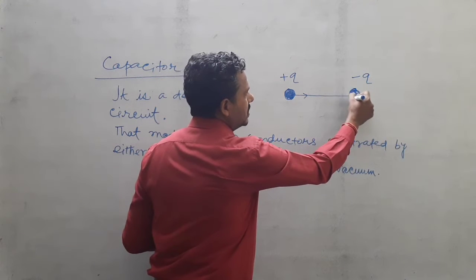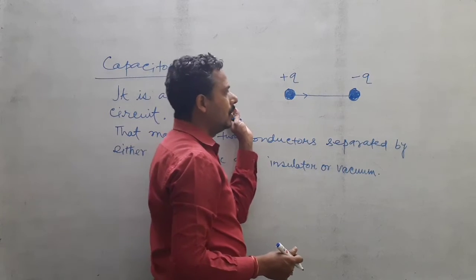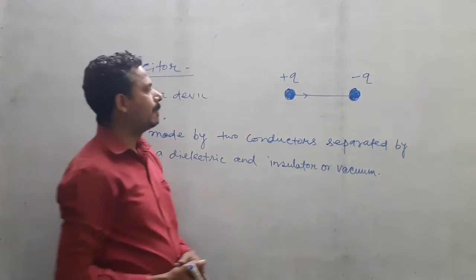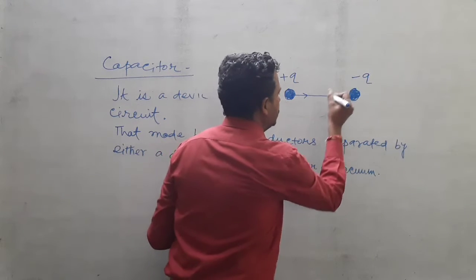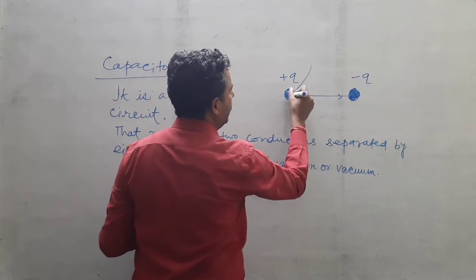And because this conductor has negative charge, the electric field that comes from infinity onto its surface would also be perpendicular, in this direction. Now because this one is spherical, the field lines would be like that.